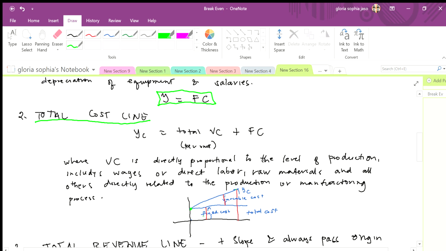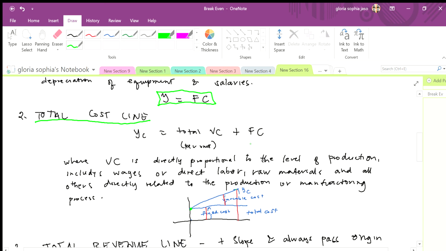The total cost for the production of a particular commodity in a specified period of time has two distinct components. So first is the variable cost per unit plus the fixed cost, or FC.